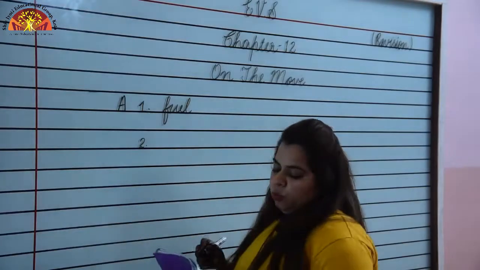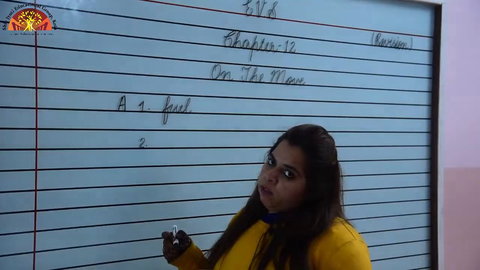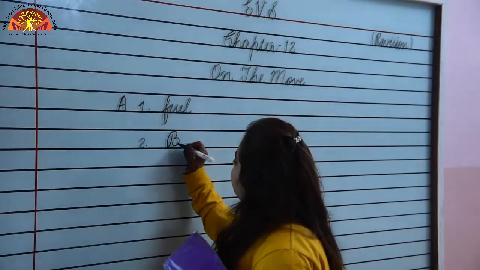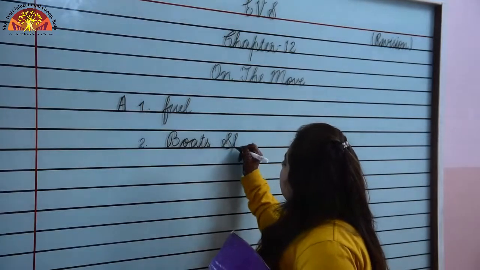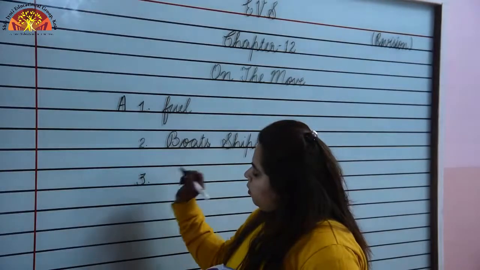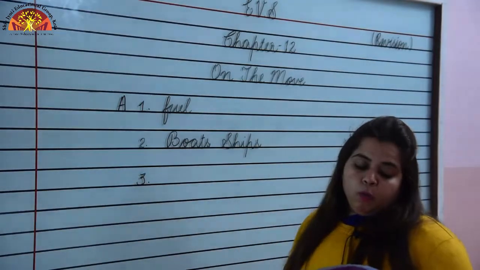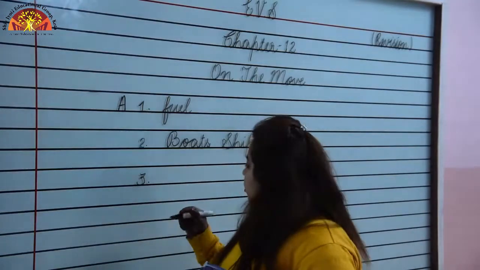Number 2, dash and dash are means of water transport. Now what are the different means of water transport? Boats, B-O-A-T-S, and ships, S-H-I-P-S, ships. Number 3, boats and ships dock at the dash. Boats and ships dock at the port.